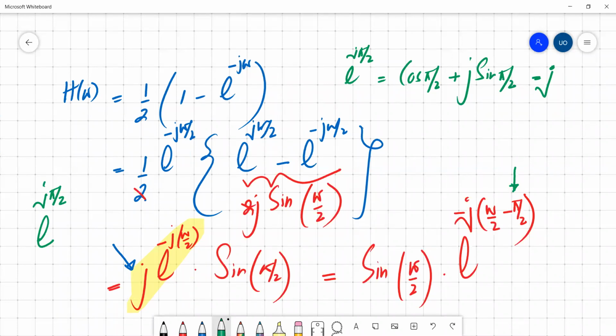So this is the response, the Fourier transform of the signal. We can then claim that this part is the phase, so this is the phase response of the filter.